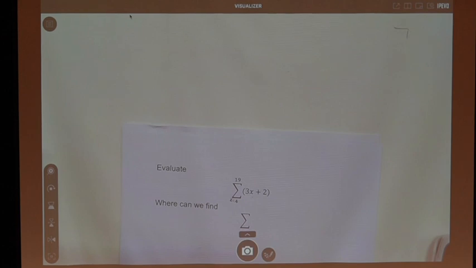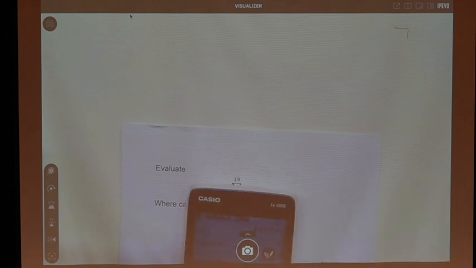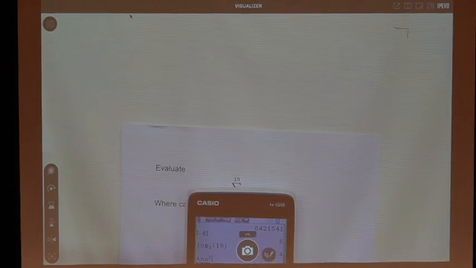Alright, the point is, where can I find summation? The sideways E. If you can find log AB, as you just saw, then there's a sum. You press the arrow and then the sum. So, math, and then next page, you can find the summation.